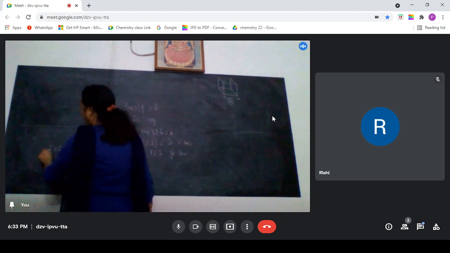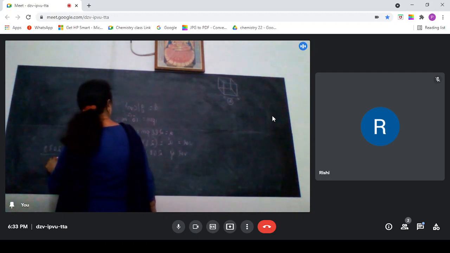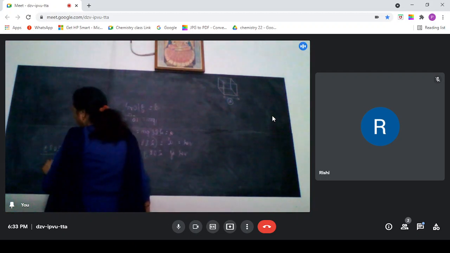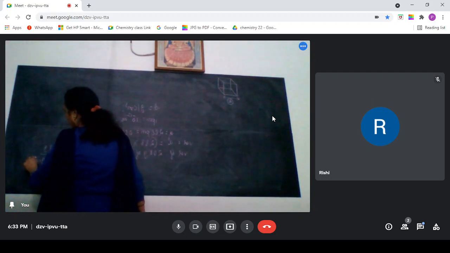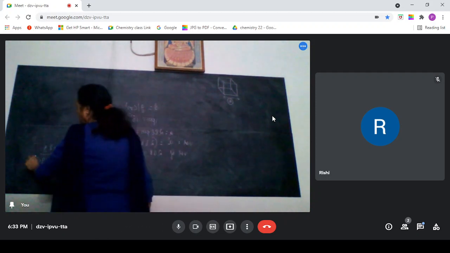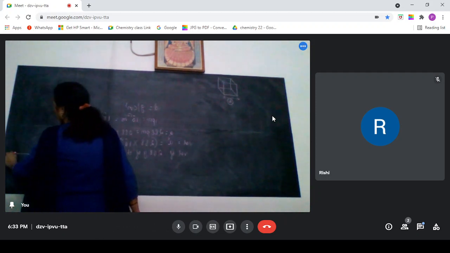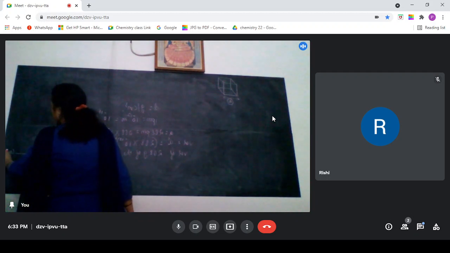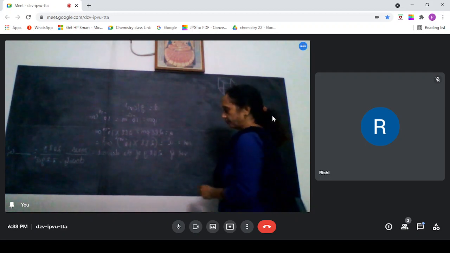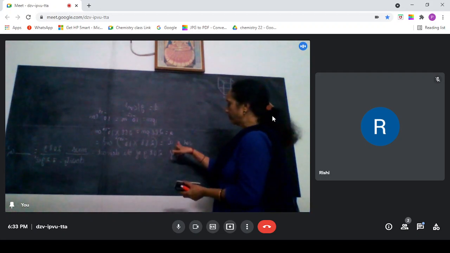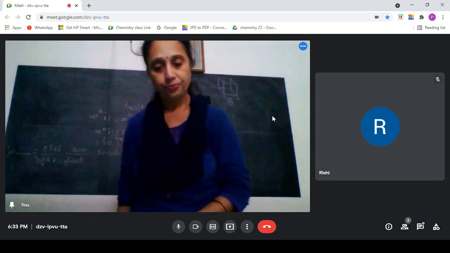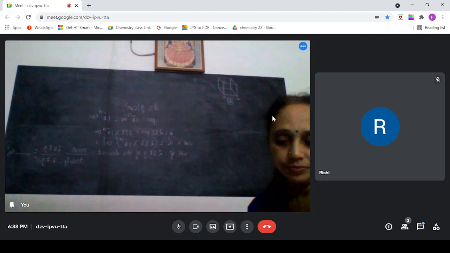So, 208 grams by density, they have given it as 7.2 gram per cc. So you will get the answer in cm cubed. Do this. First tell me what is the a cubed you are getting.